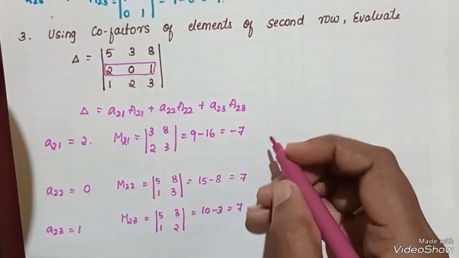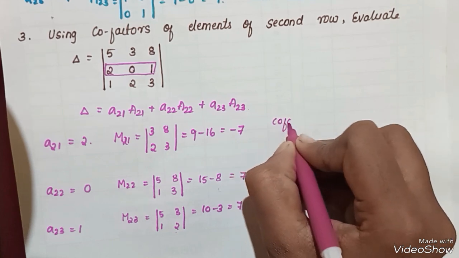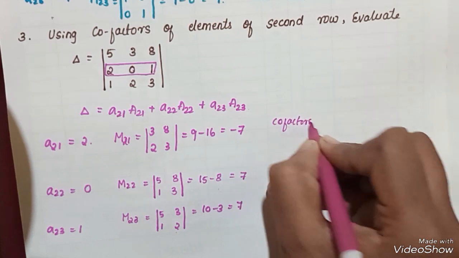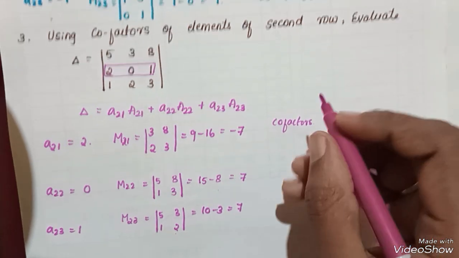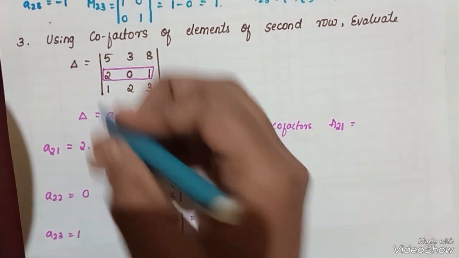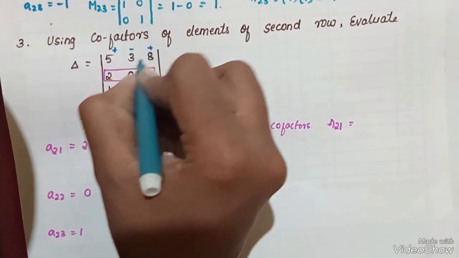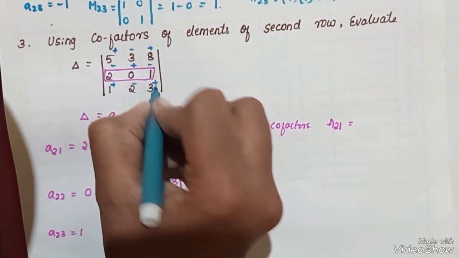Now, the cofactors. The cofactor of A21: here there is a symbol. I have considered the sign pattern plus, minus, plus, minus, plus, minus, plus, minus, plus.